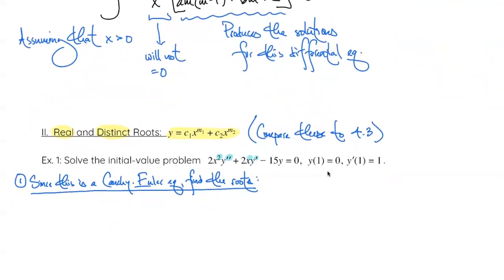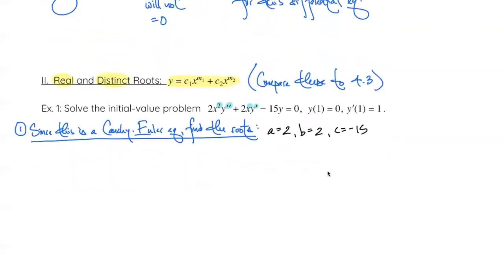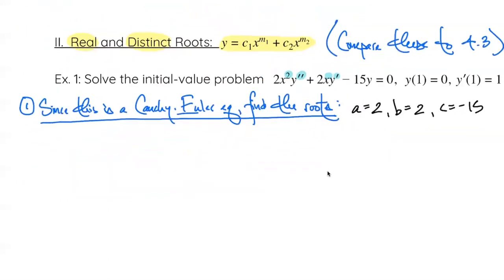We have A equals 2, B equals 2, C equals negative 15. When I plug those in, I get 2m(m minus 1) plus 2m, or bm, plus c, or the negative 15, and that's going to equal 0.